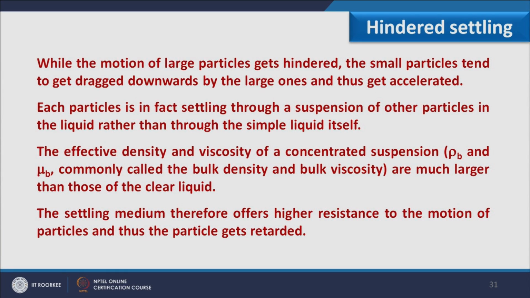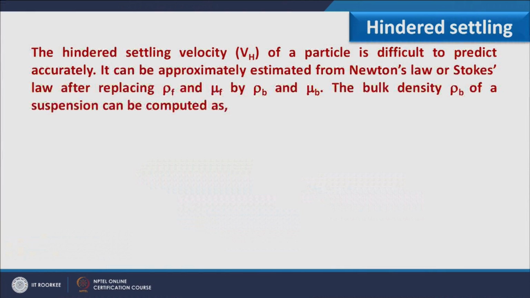So the settling medium therefore offers higher resistance to the motion of the particle, and thus the particle gets retarded. So here the hindered settling velocity that we have denoted with Vh of a particle is difficult to predict. Some approximation we can do by replacing rho f and mu f by rho b and mu b.